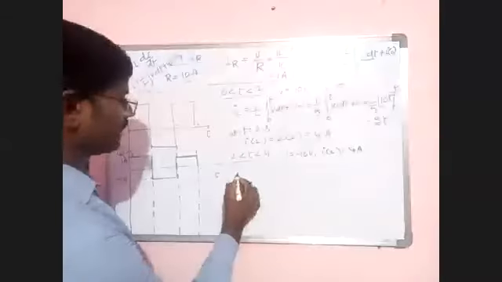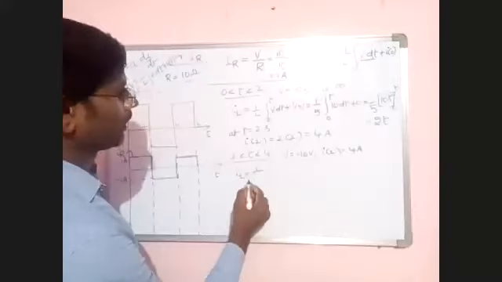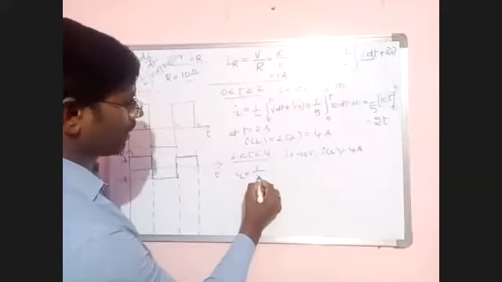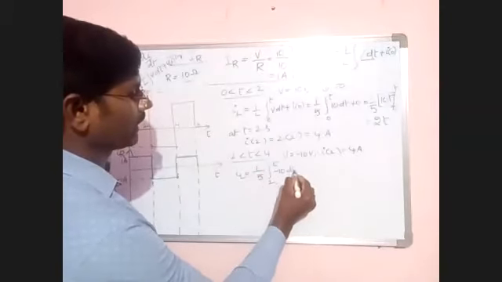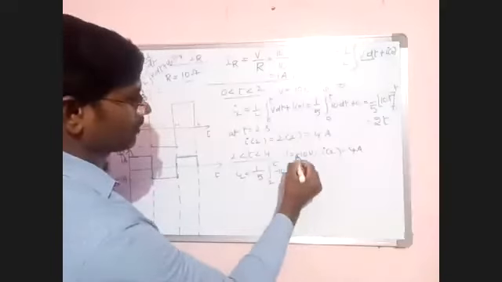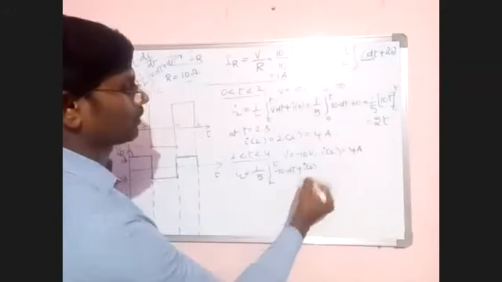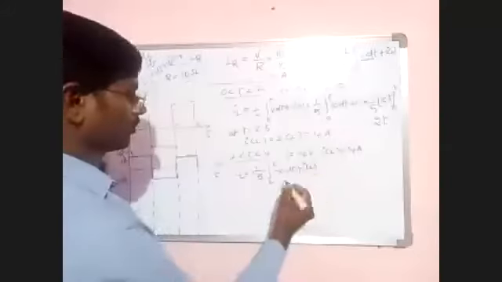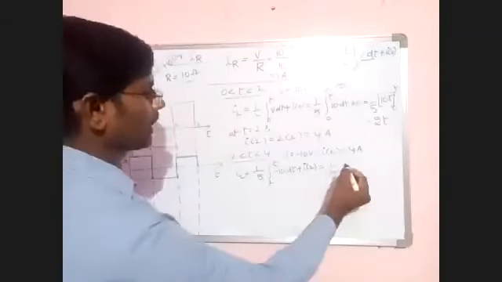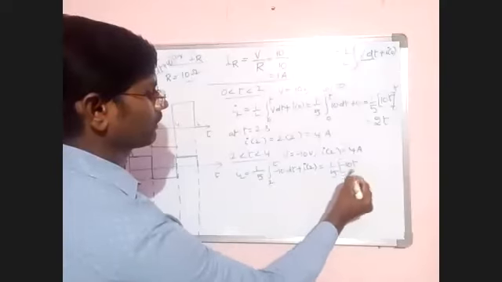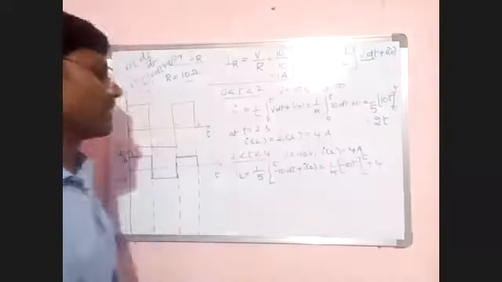So again, I L is equal to 1 by L, which is 1 by 5, integral from 2 to t of minus 10 dt plus I of 2, which is equal to 4.